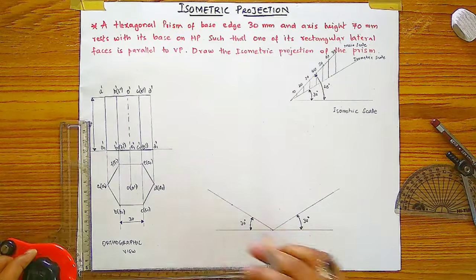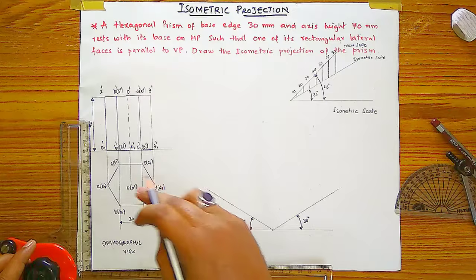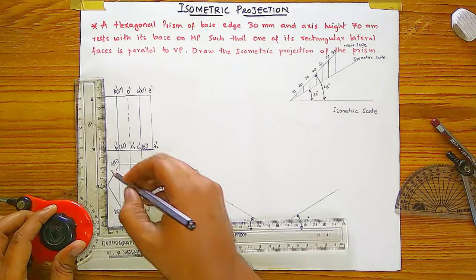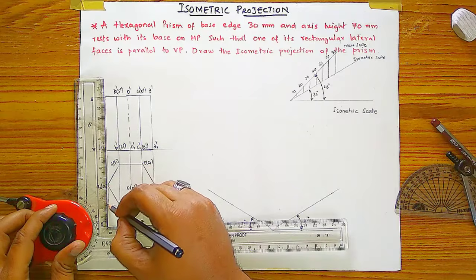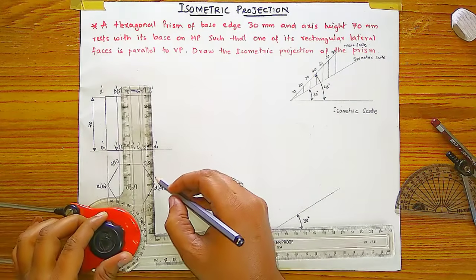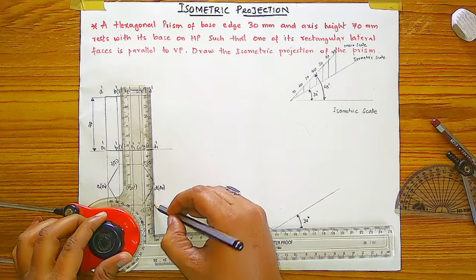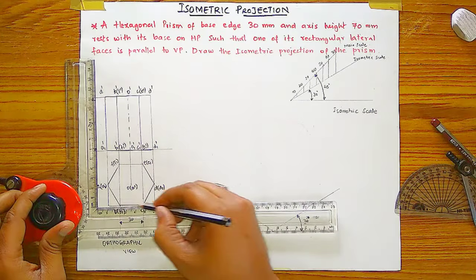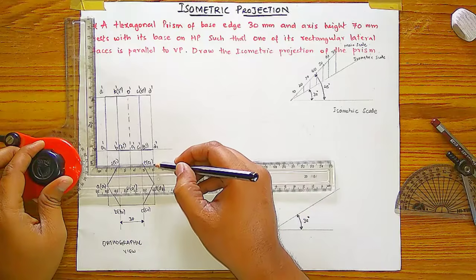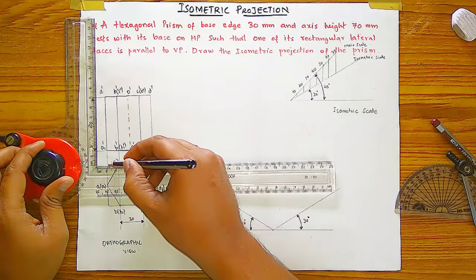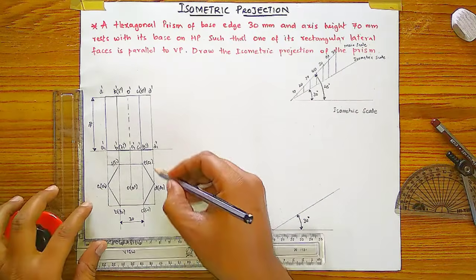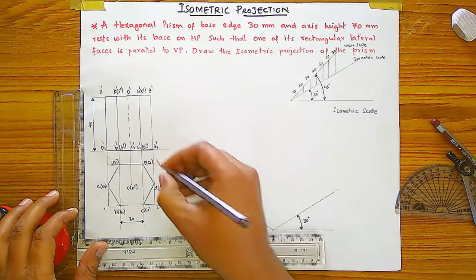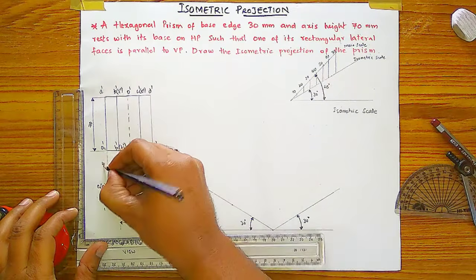Then in the top view you have this hexagon, which you have to take in a box to make you understand. I am going to explain this, so how to do this isometric projection. I am taking this hexagon in a box like this. This box I will label at the corners as 1, 2, 3, 4.